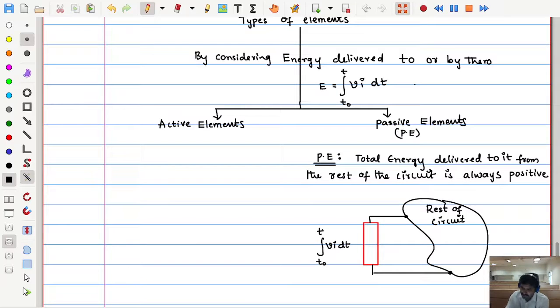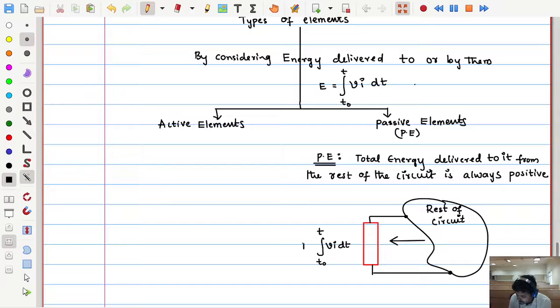Now try to see that this is very important. If the energy flow is taking place in this arrow direction, that means from the rest of the circuit, energy is delivered to it. From where? From the rest of the circuit.